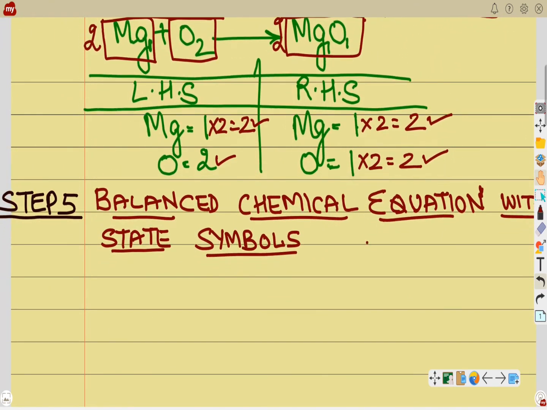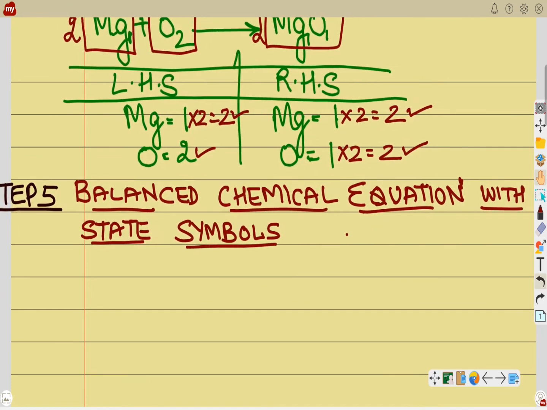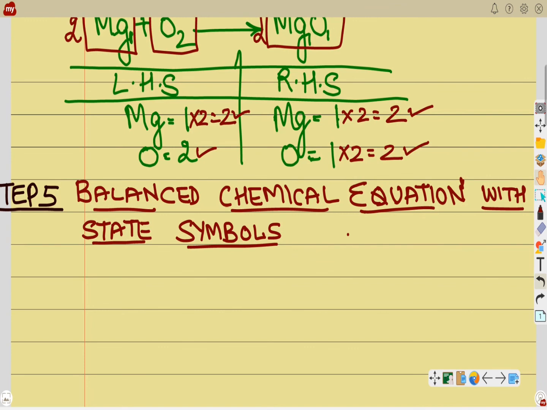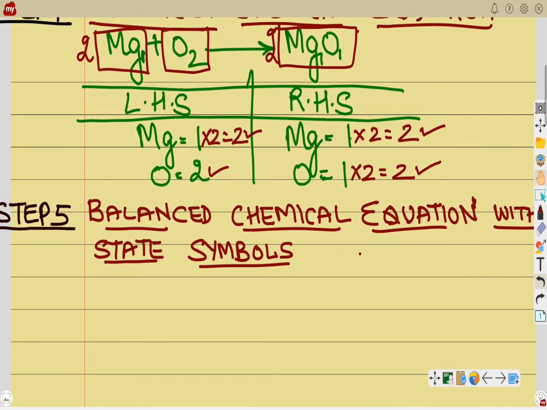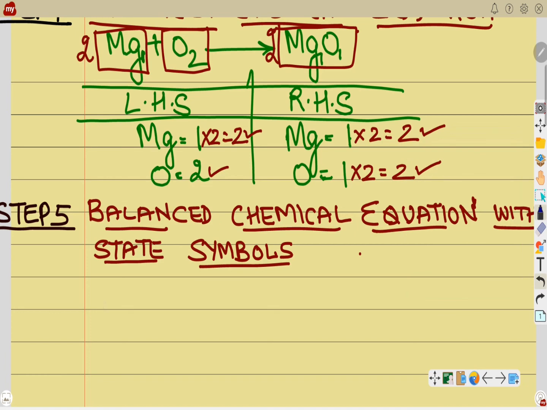Now, sometimes in the exams, or if you want to make it more informative, you can write the physical state symbols also. That is not difficult at all for you now. You will just write this equation and write the physical symbols. Let us copy down the balanced chemical equation.